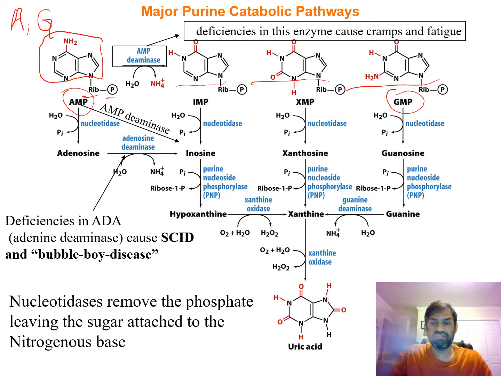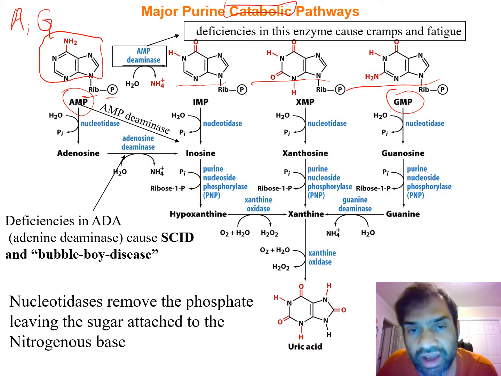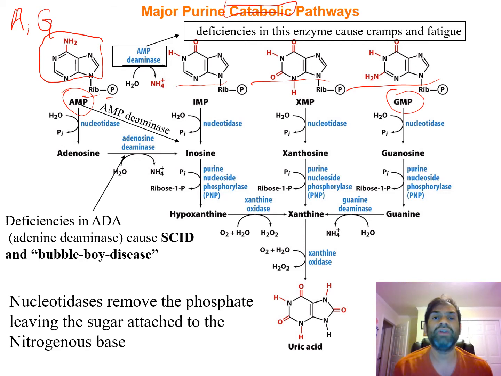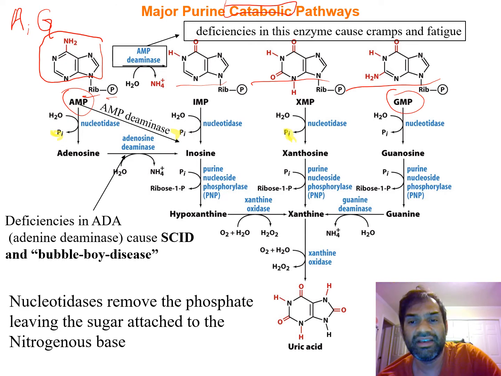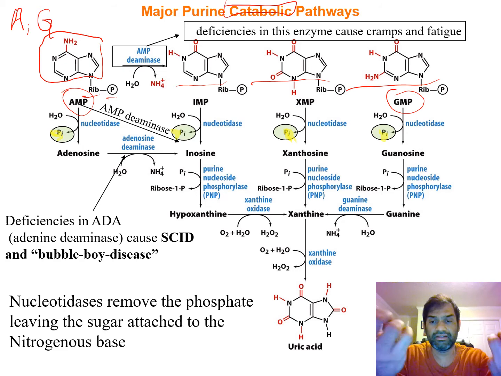Now, the first step in breaking down, or catabolism, the opposite of which is anabolism, but we're talking about catabolism, the breaking down of these nucleotides. The first thing that's actually done is we remove the phosphate. It's done in all of these initial primary steps, the removal of the phosphate.